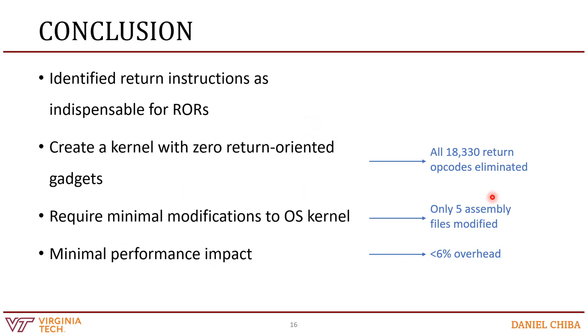Okay, so to conclude, the authors identified RET instructions as being indispensable for the creation of return-oriented rootkits. And just to rehash the goals that we mentioned earlier, they wanted to create a kernel with 0 return-oriented gadgets, and they successfully eliminated all of the opcodes required to create these gadgets.